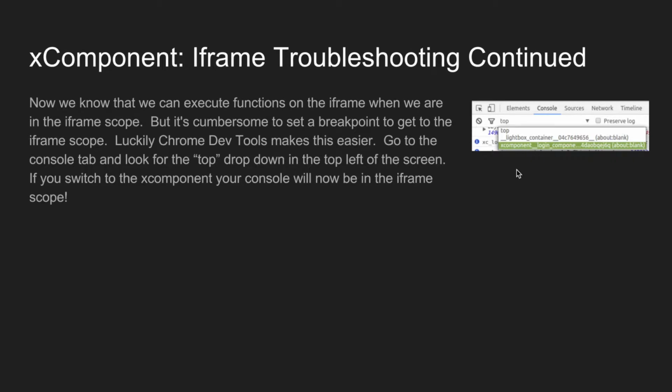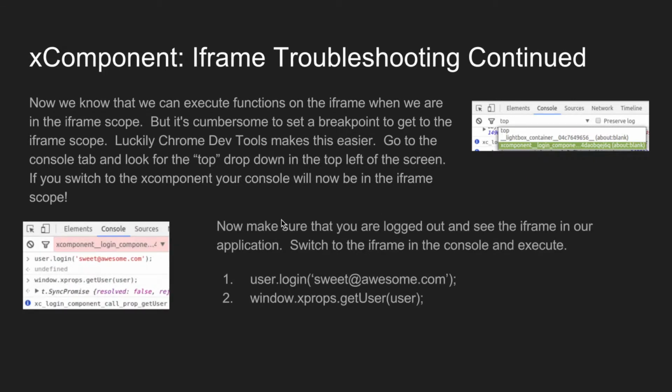So take a moment, pause the video, and switch yourself over to the scope of the iframe. All right, so you should now have this switched to the xComponent. So now we're going to make sure that we are logged out.